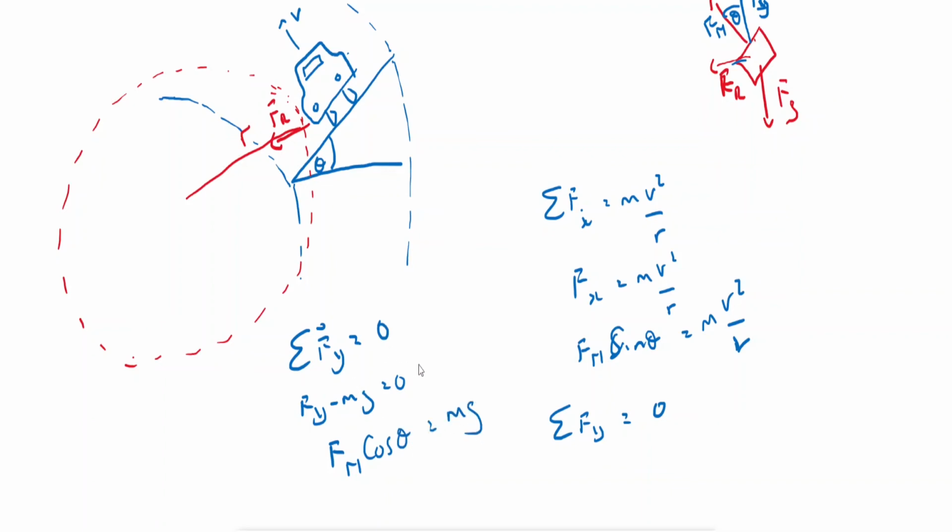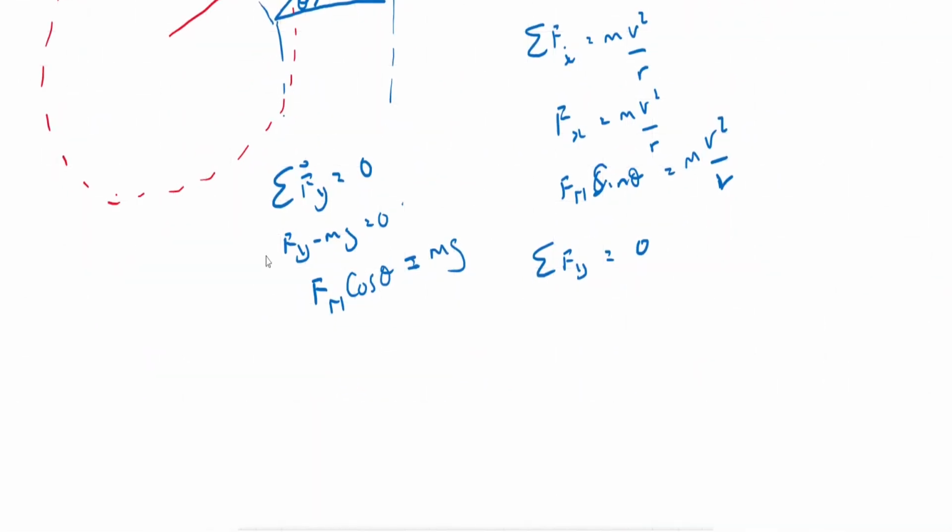I just took this mg and put it on this side. So you basically have this as equation 1 and this as equation 2. What you could do is take equation 1 and divide it by equation 2.